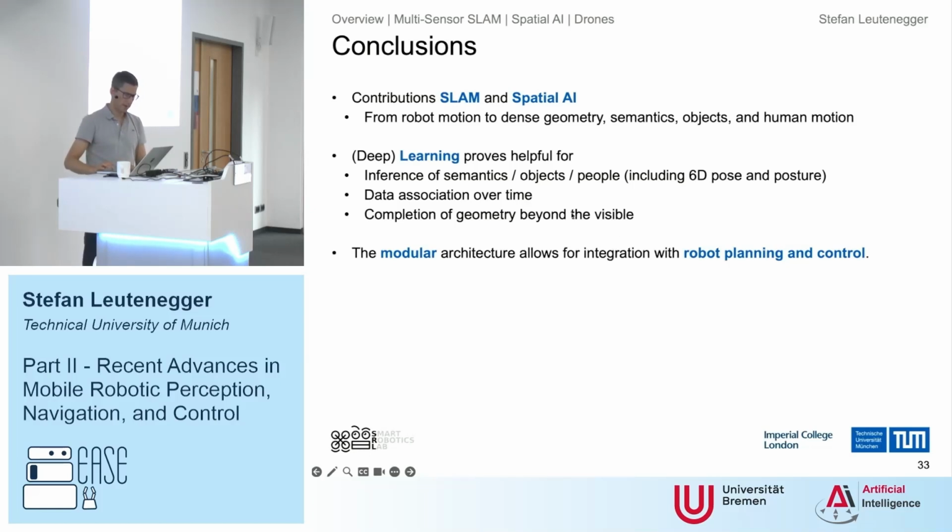I think these are maybe some of the most obvious things where we can really leverage this kind of stuff. At the same time, keeping a modular architecture helps us with further integration with robotic planning and control.